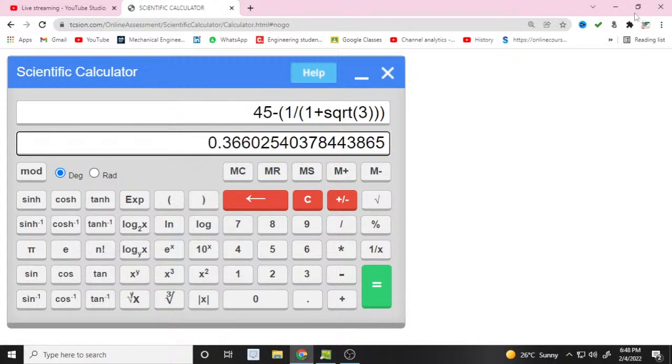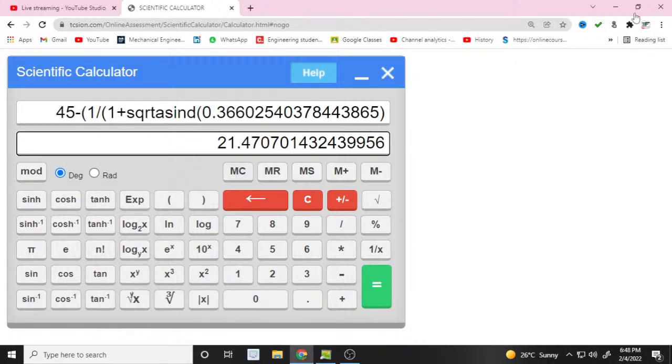Now you can see all brackets are used. This bracket is for the denominator and this bracket is for the whole function, 1 upon 1 plus root 3, and then we have to use the sine inverse. Sine inverse of this, you are getting the value 21.47.